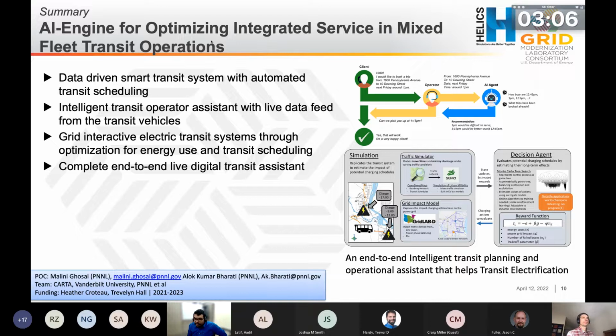It also involves developing an operator assistance module that is almost a live assistant that can take into account live requests from some of the customers of CARTA that might require specific assistance like ambulatory services, and build those into their scheduling and day-to-day operations.